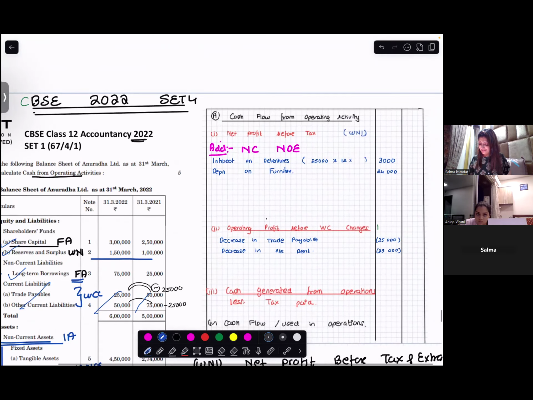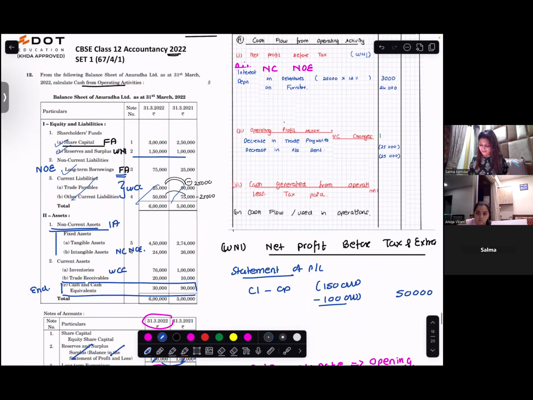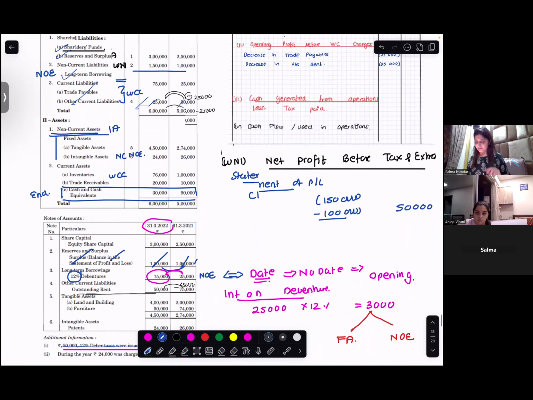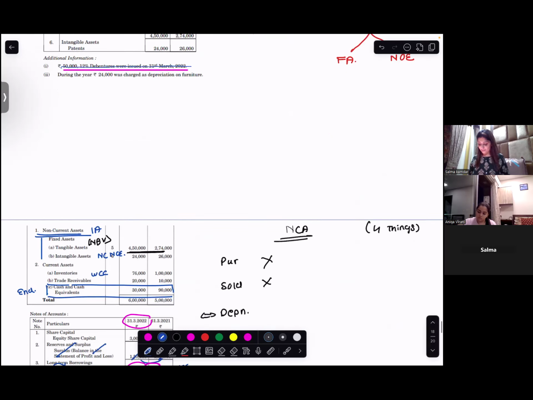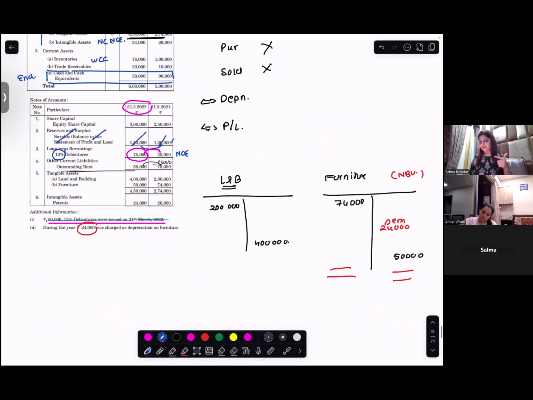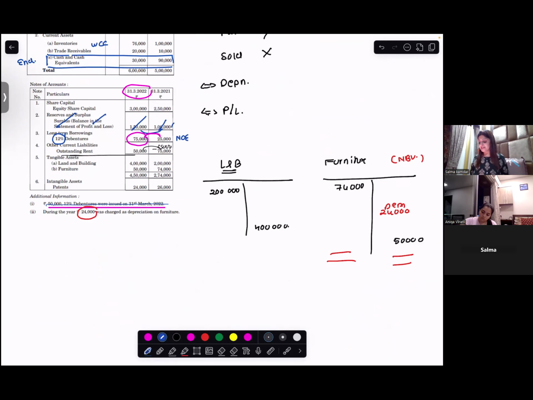Do you know about land and building? Does land and building anytime depreciate or does it appreciate? Land always appreciates. So unless information is given, you don't appreciate it. I have no information about purchase and sold, but at the same time, I don't have to prepare anything for investing activity.